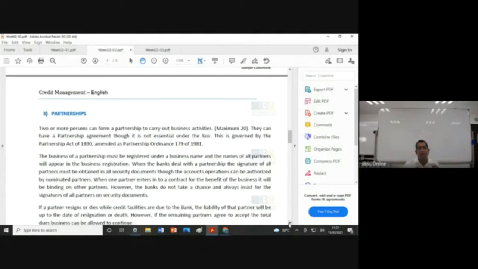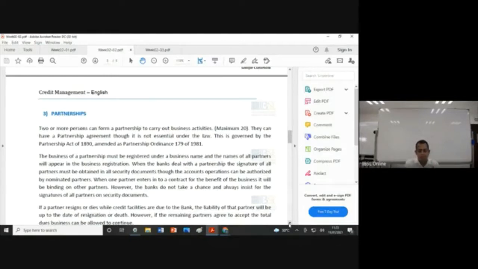You are not allowed to just do the business. Partners are personally liable. You can have 20 partners maximum. You can have a partnership agreement, but it is not necessary. Partnerships are governed by the Partnership Ordinance 1891, amended Partnership Act.